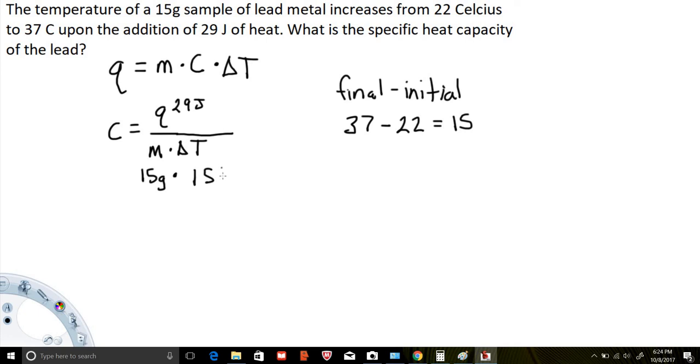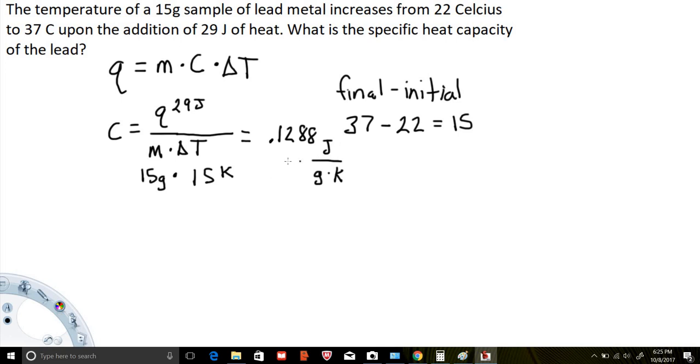So we'll write 15 Kelvin here, and then what we're going to do is we are going to solve this out, and we are going to get .1288, and the units for that is going to be joules, because we have joules up here, divided by grams Kelvin.